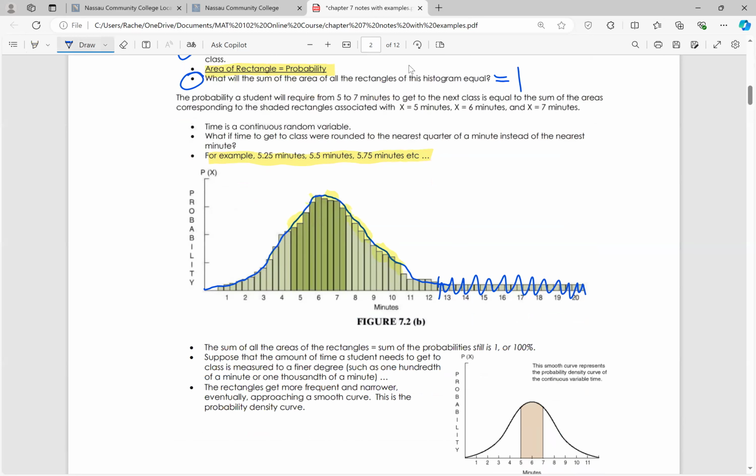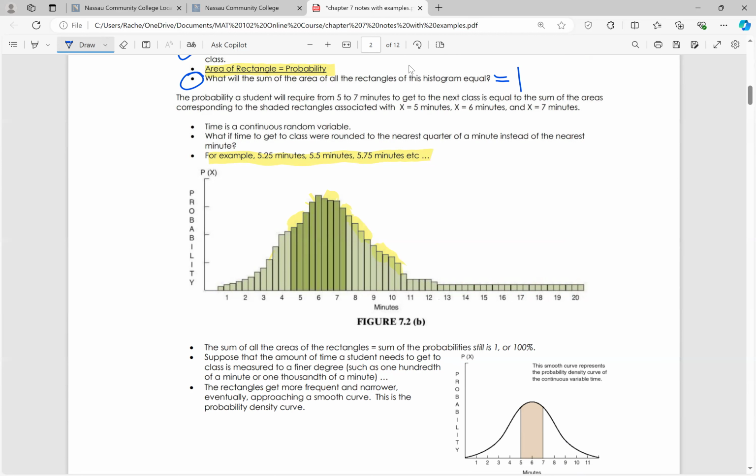But regardless of how we broke down time, time is still continuous. And the sum of all the areas of the rectangles equals the sum of the probabilities. That's still going to be 1. So if I were to add up all the probabilities in this distribution, they're still going to add up to 1.